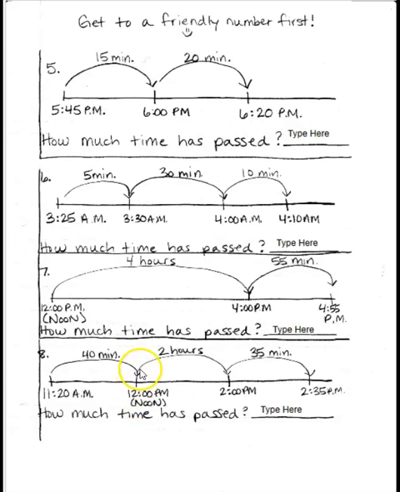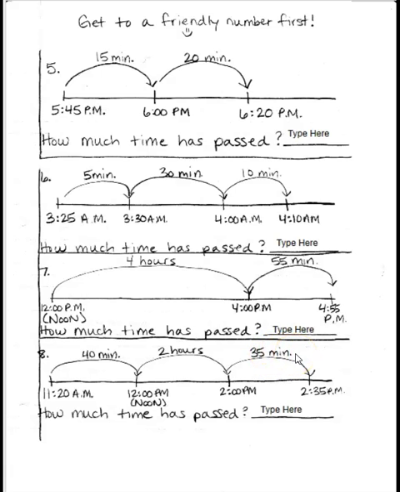So we can jump all the way to 2 o'clock, which is a jump of 2 hours, right? So if we're at 12, we would go 1, 2, that's 2 whole hours. And then from 2 o'clock, we just have to do one more jump of 35 minutes and get us to 2:35 p.m.